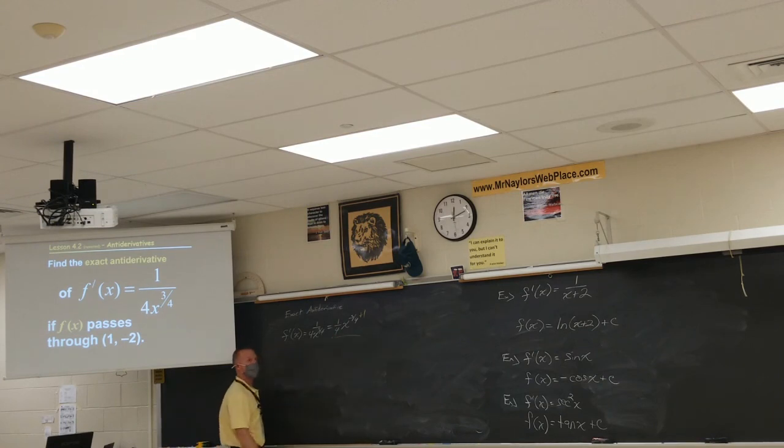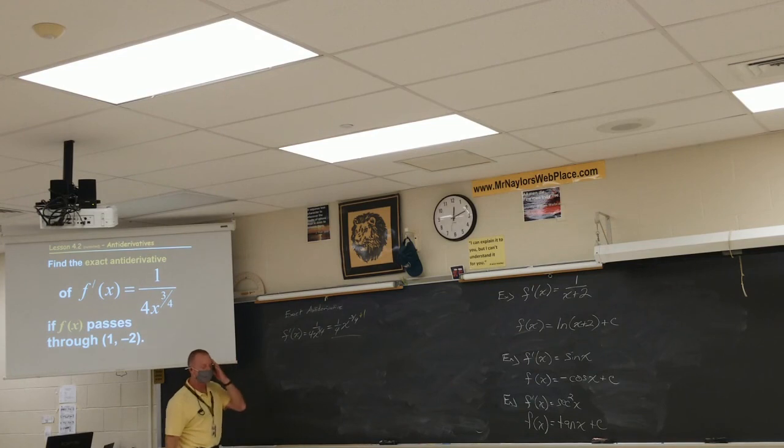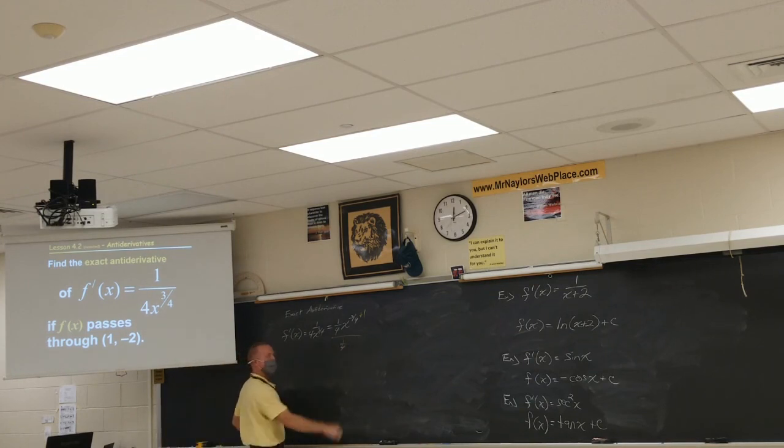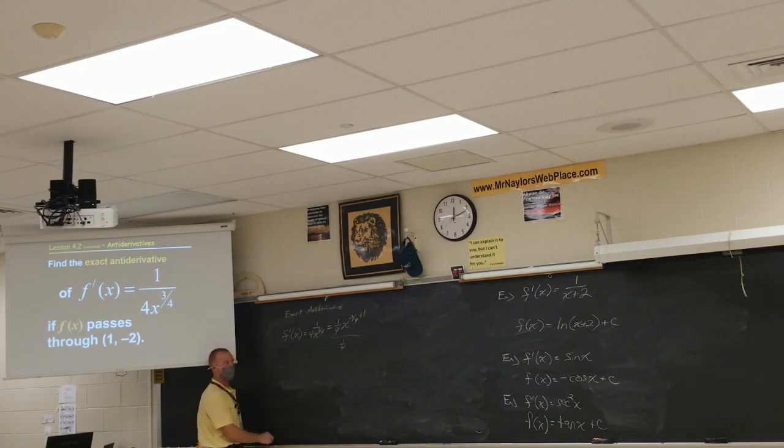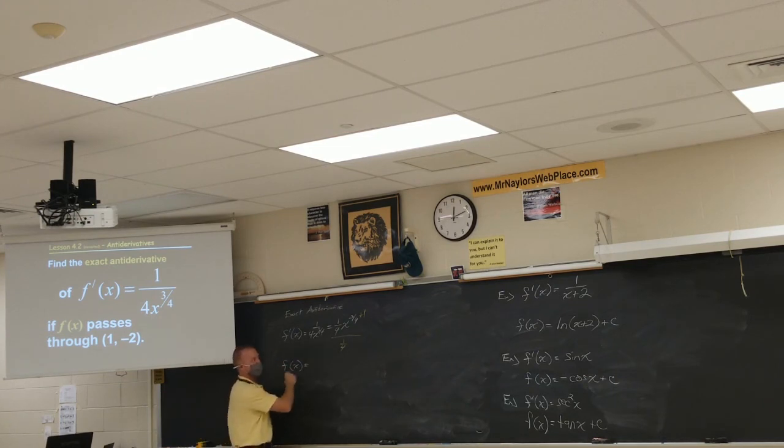So I add to the exponent: negative 3/4 plus 1 is 1/4. So I divide by 1/4. Oh, that's nice, those are going to cancel. We can be nice to you here. So the original function, the antiderivative, is x to the positive 1/4 plus c.